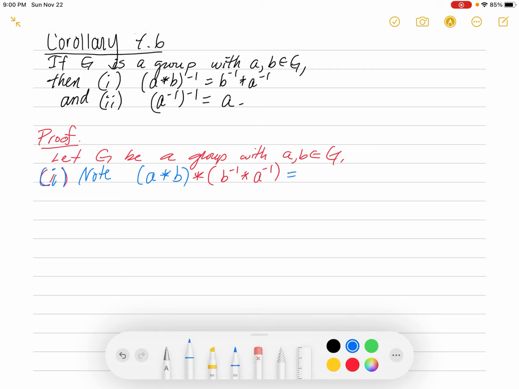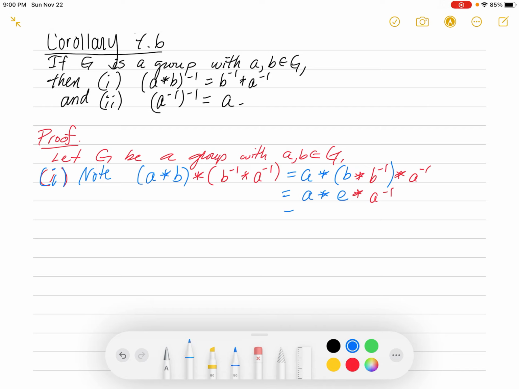So what I'm going to do, I'm going to reassociate things. So I have A star, B star B inverse, close parentheses, star A inverse. So we got A star, well, what's B star B inverse? It's the identity element. And we have star A inverse.